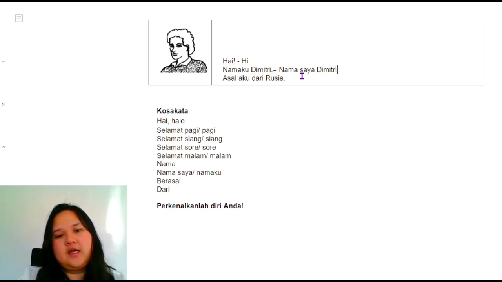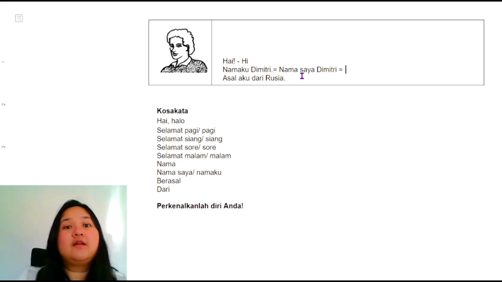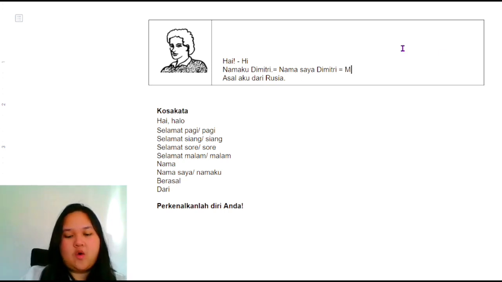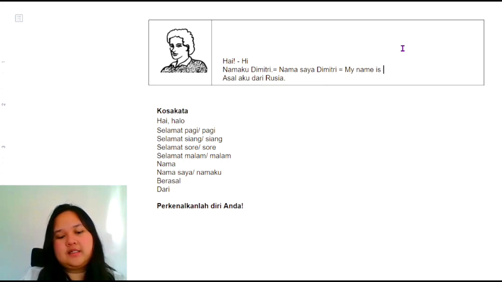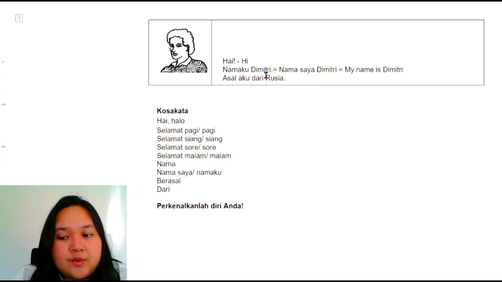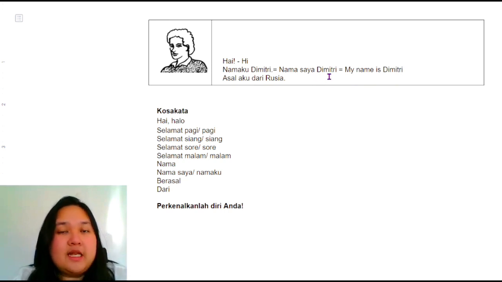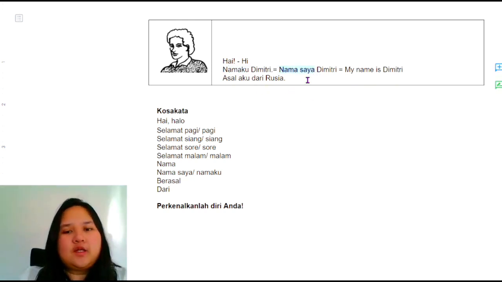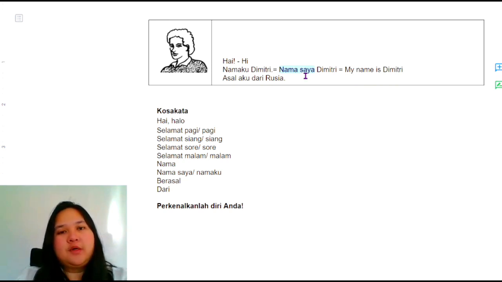So namaku Dimitri is the same as nama saya Dimitri. This would be my name. So my name is Dimitri. Jadi namaku Dimitri, nama saya Dimitri, same. We have these two different forms to say my in Indonesian, and we will learn about this later in another chapter.